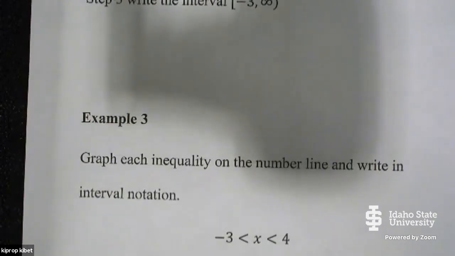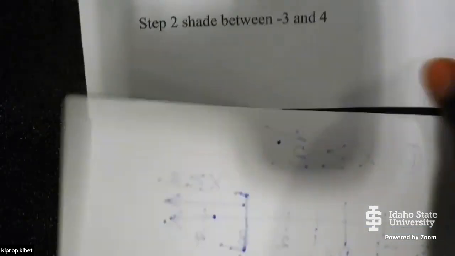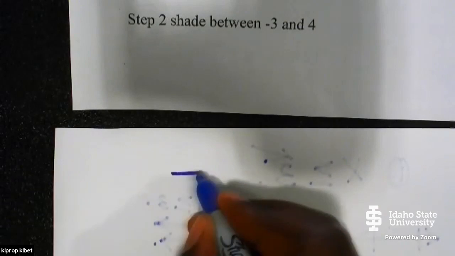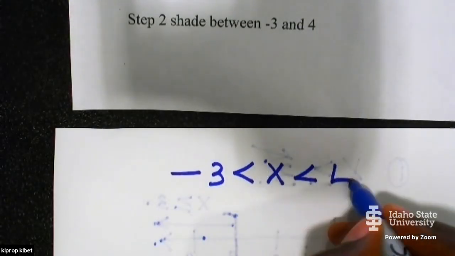So here, you can draw the Cartesian plane. -3 x 4.